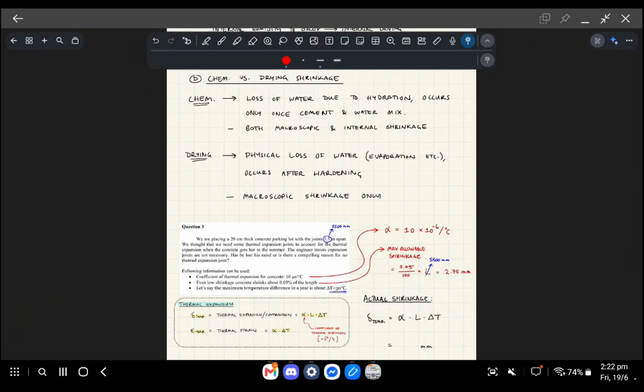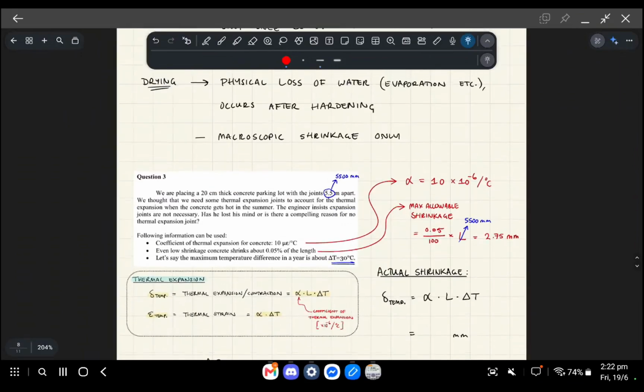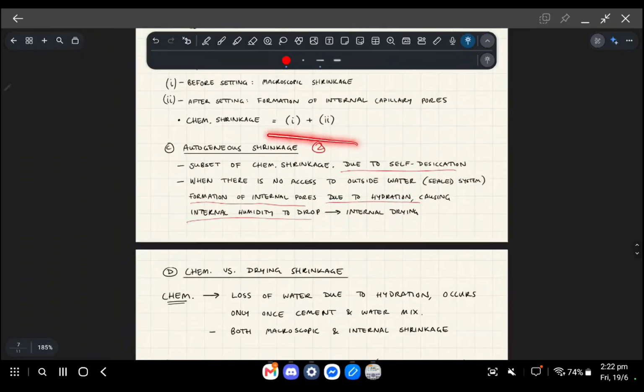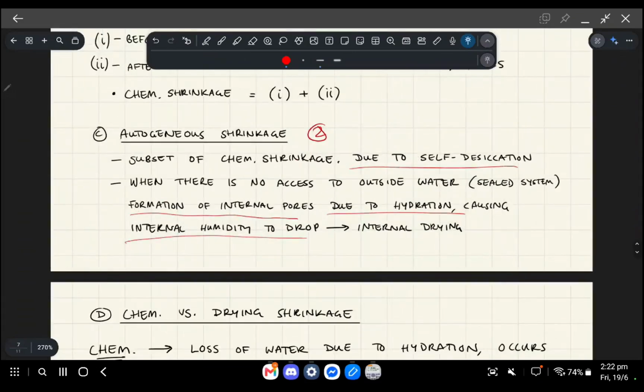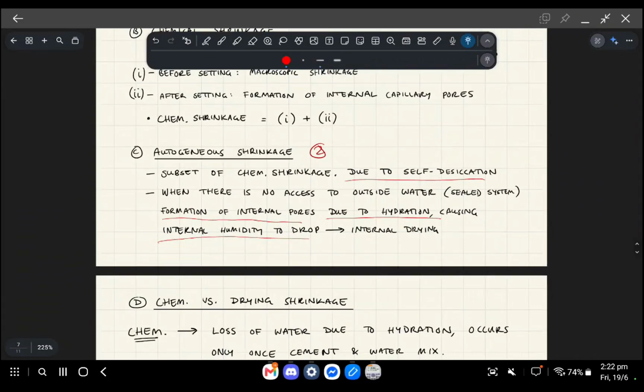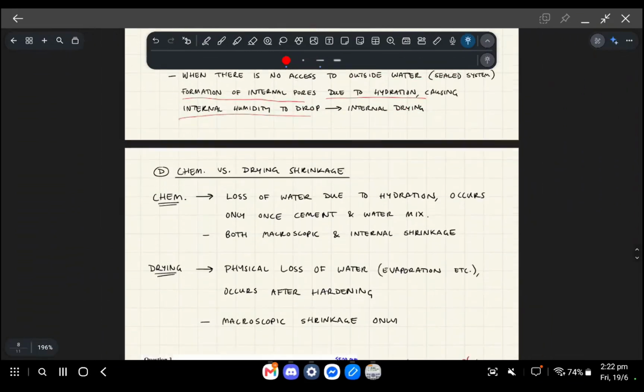And the mechanisms can either be classified as chemical or physical. So the autogenous shrinkage was just one part of the chemical shrinkage. Sorry, not a great explanation on my part, I can't lie.